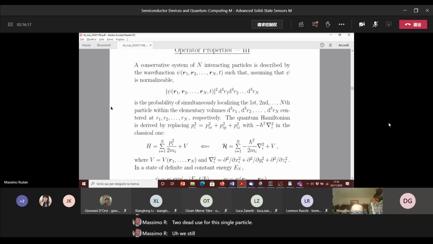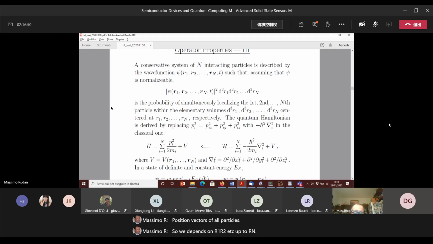We still assume that the system is conservative, so we assume that there is a potential energy V that in this case depends not on one position vector, but on the position vectors of all particles. So V depends on r1, r2, etc. up to rn.